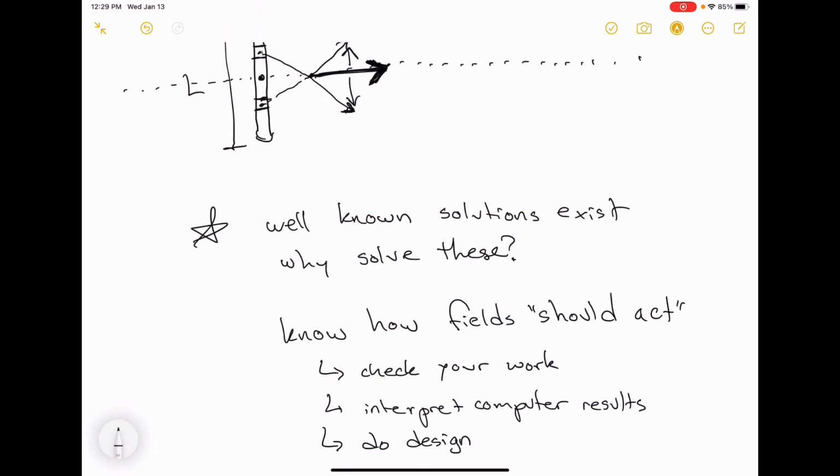You can't run a computer simulation if you don't know what to put in the simulation to begin with. So all of these things, you need some sort of intuition. And that is why we do these problems. So while you're sitting there cranking through the integrals, try to pay attention to what exactly is happening physically. What does the total electric field's relationship look like to the charge distribution that you're looking at?